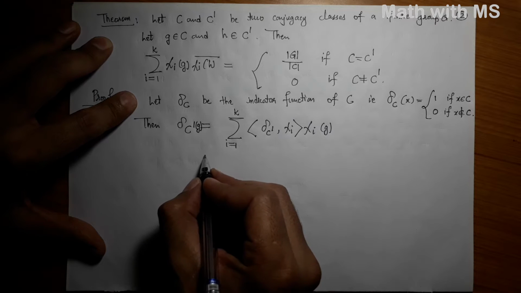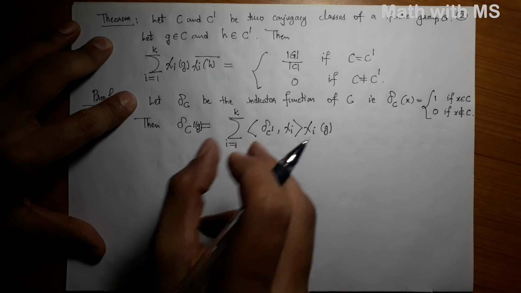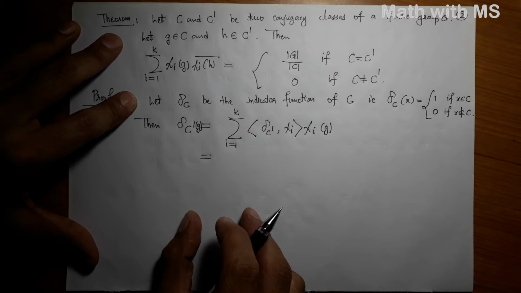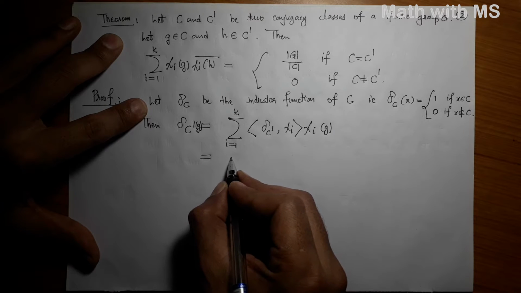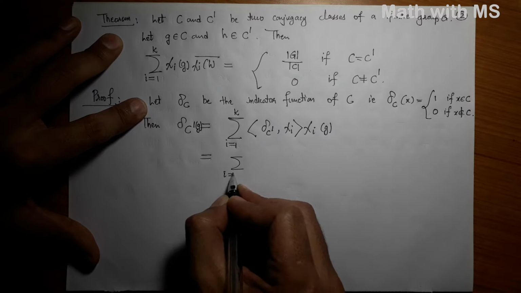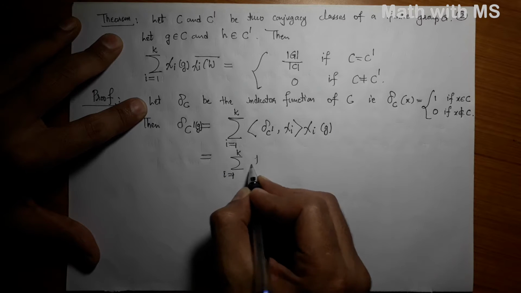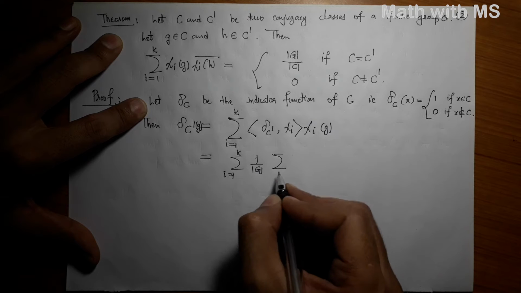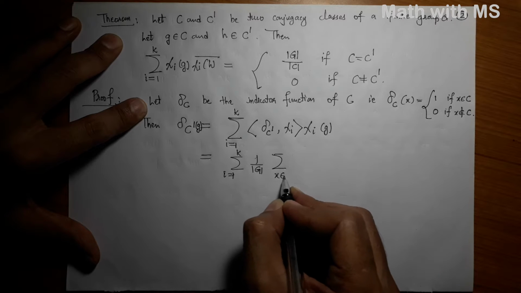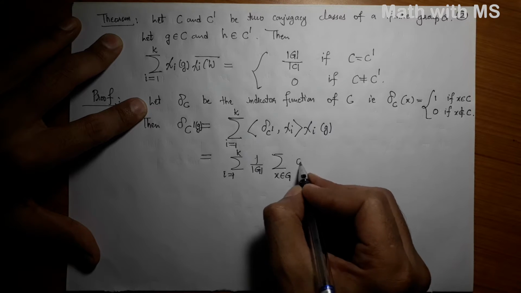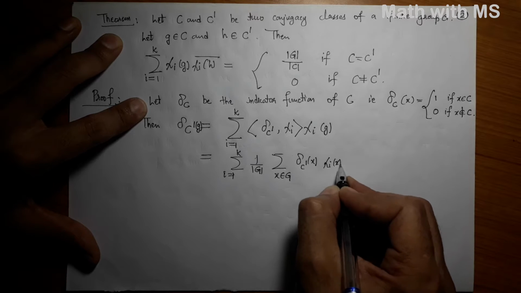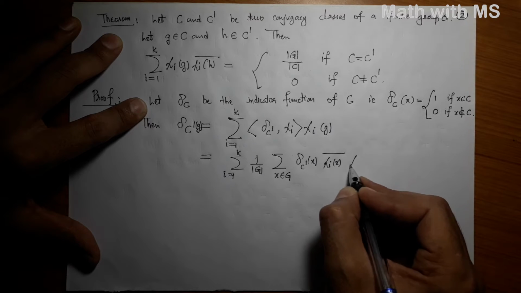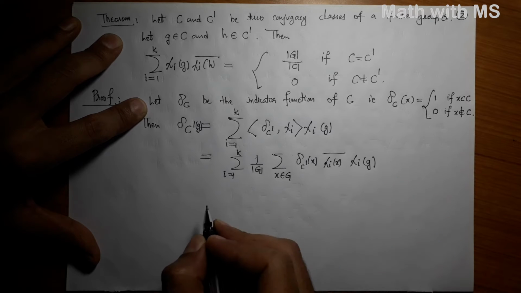Right. And now I just write down the definition of this inner product on the group algebra viewed as a vector space. So this is the same as summation i from 1 to k, 1 by order of the group G, summation x in the group G, delta C prime of x, chi i of x bar, chi i of g. Alright.